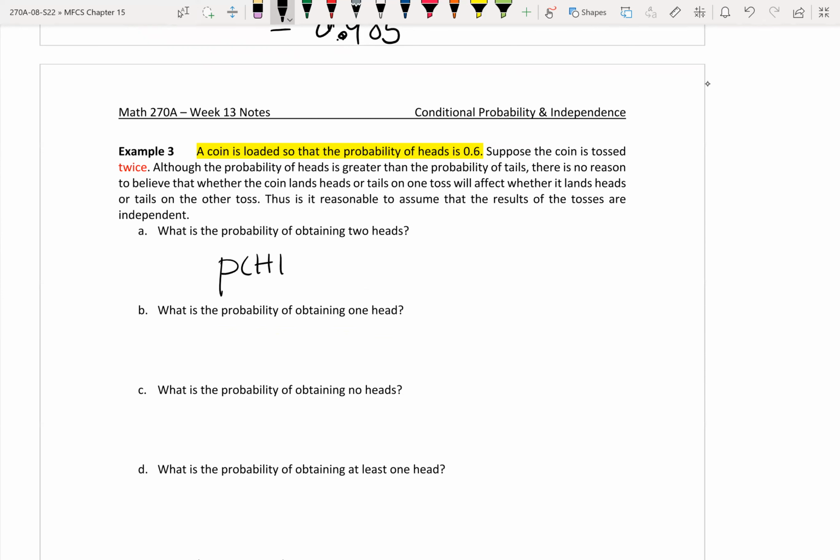Probability of head is going to be probability of head times probability of head, which is going to be, okay, 86%. And then what is the probability of obtaining one head?